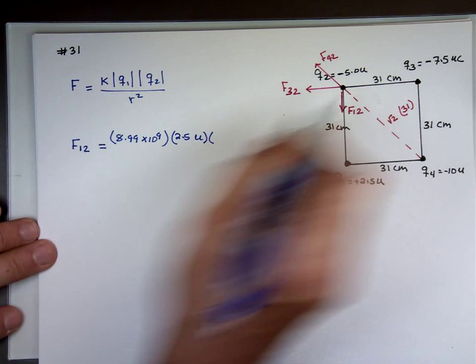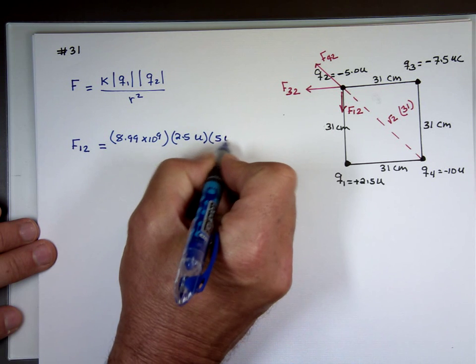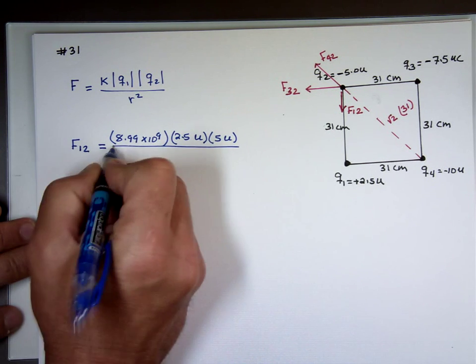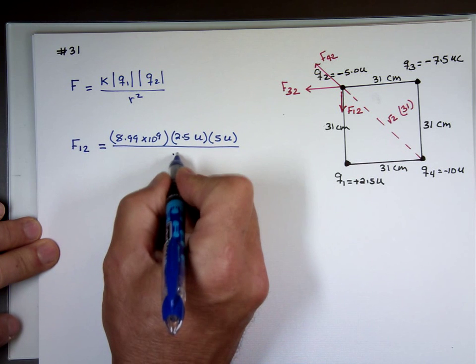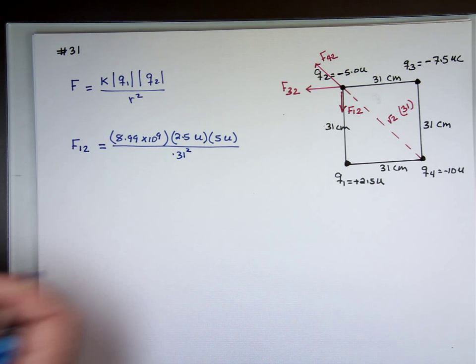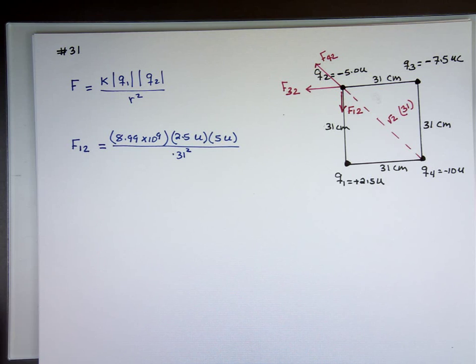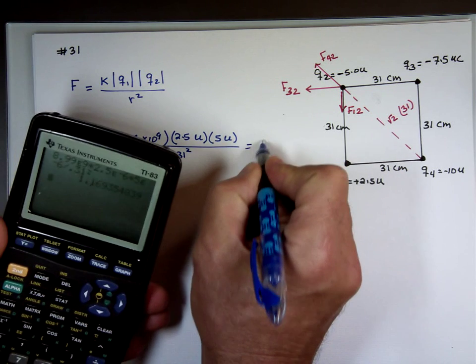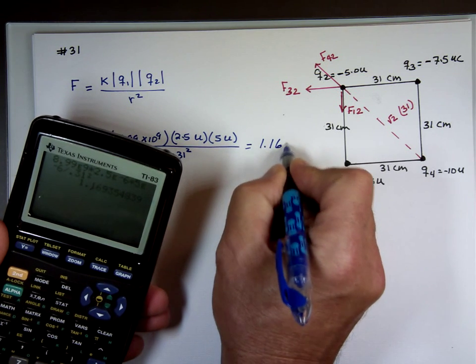This is negative 5 micro, so it's 5 micro. We don't put the minus, it's absolute value. Divided by the distance squared, 0.31 squared. According to my calculator, this answer is 1.169 Newton.